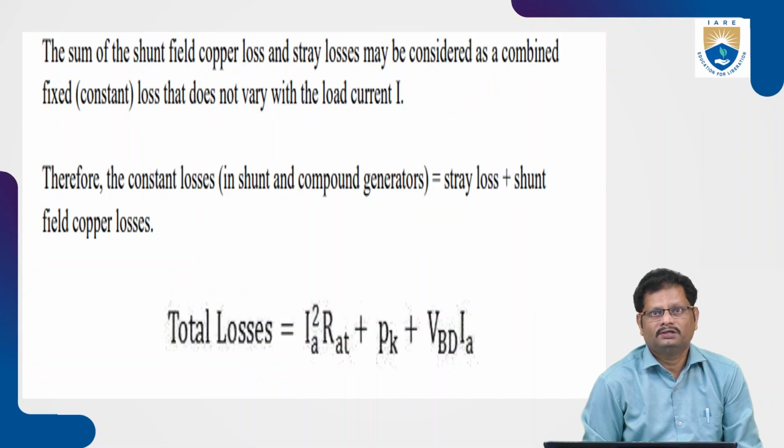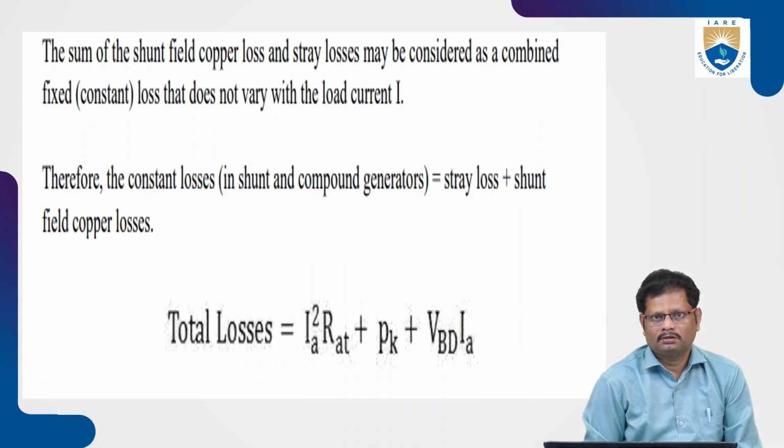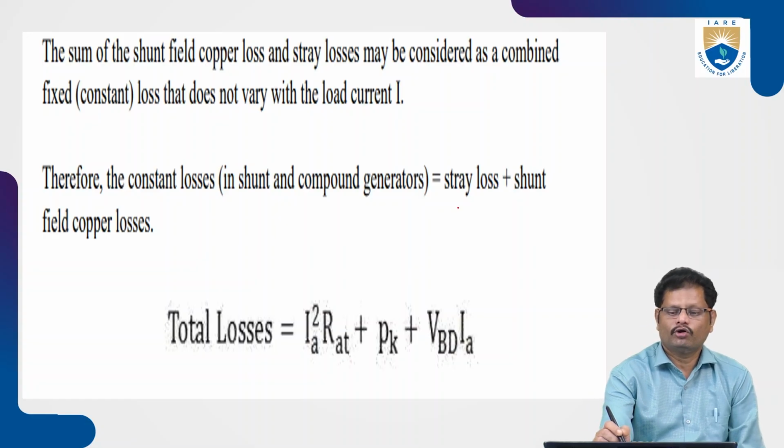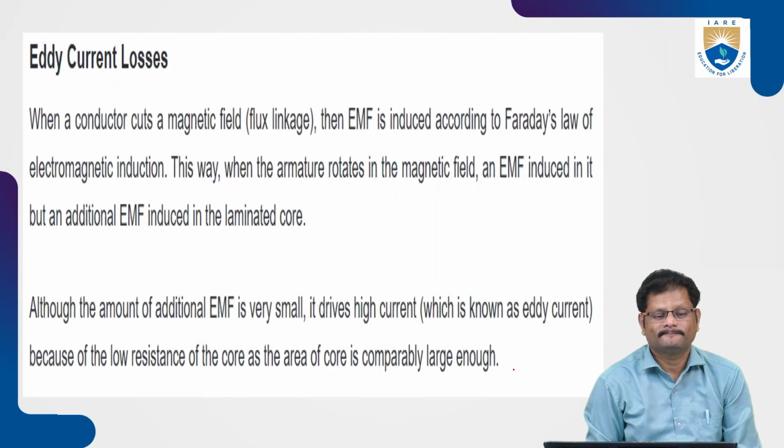The sum of shunt field copper losses and stray losses may be considered as combined fixed losses that do not vary with the load current I. Therefore, constant losses for both the shunt and compound generator equal stray load losses plus shunt field copper losses. So, total losses are copper losses and shunt field copper losses.